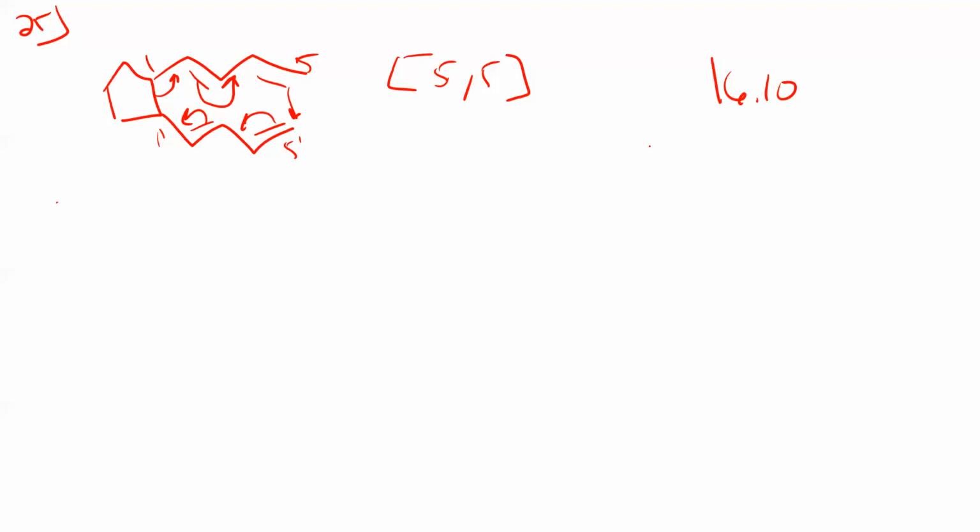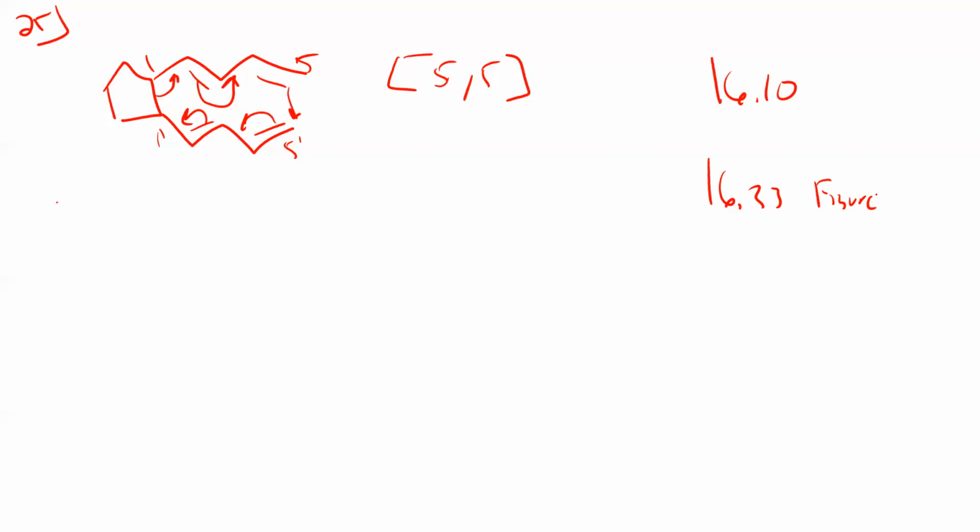And figure 16.33 gives a good example of this. It says if you look at figure 16.33, in the transition state, the bond that is breaking and the bond that is forming are separated by 2 different pathways, each of which is comprised of 3 atoms.